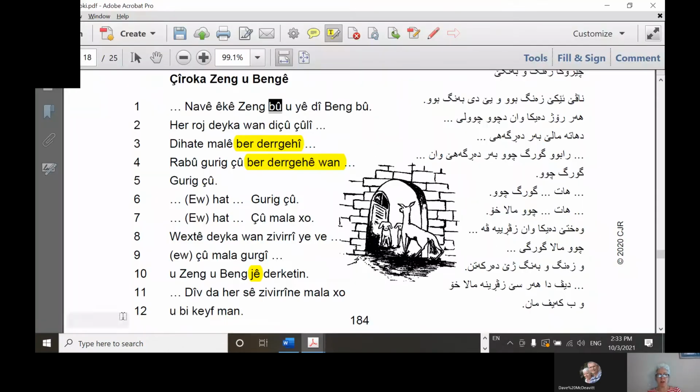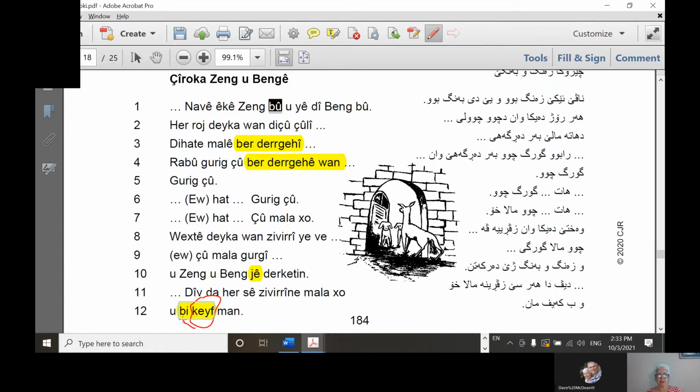Okay, and then it ends with a prepositional phrase, kaifmon. Kaif. And in this case, kaif, like with happiness.